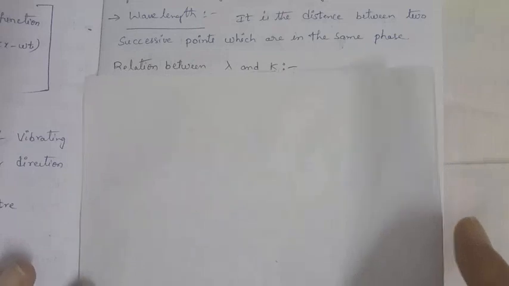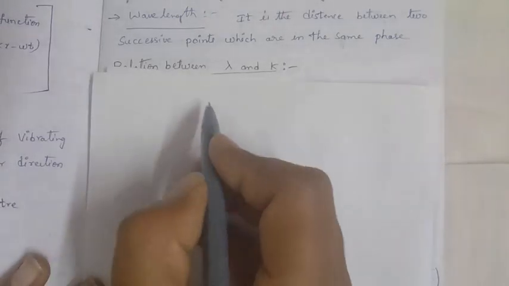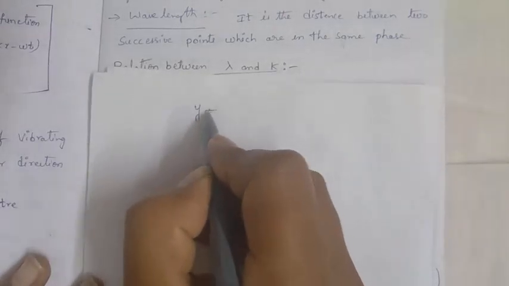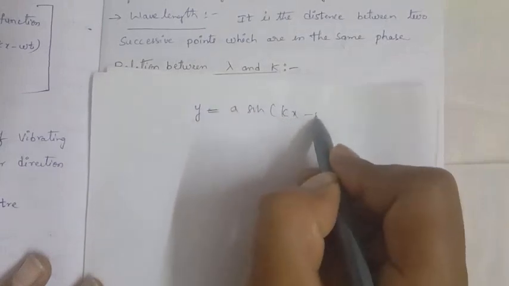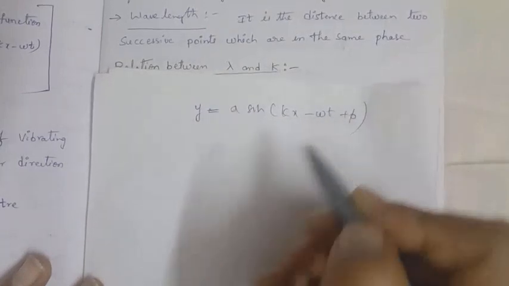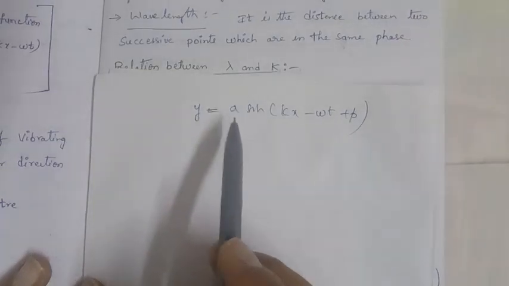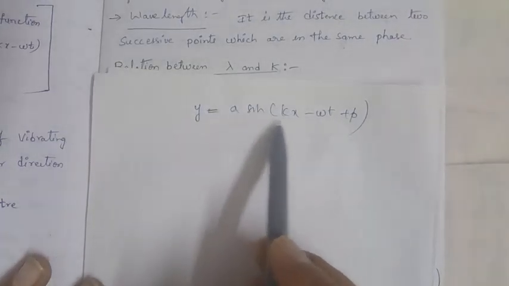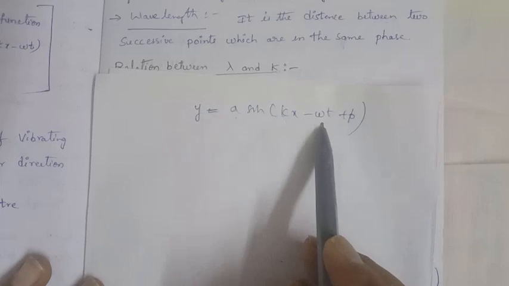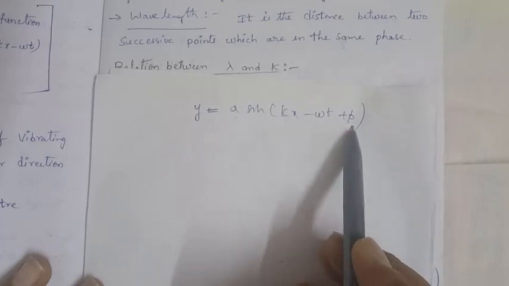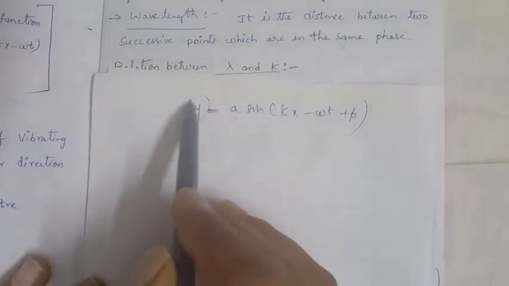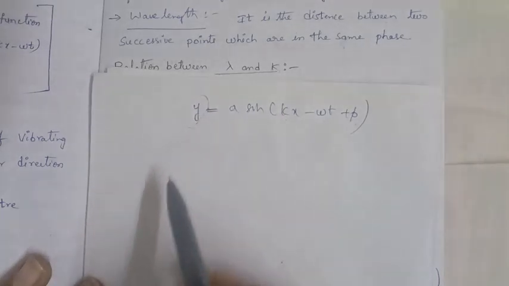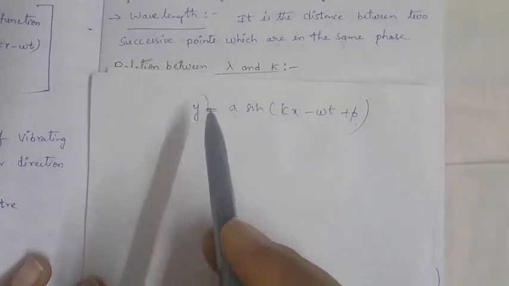Up to now what we have discussed, once again I will explain. y is equal to A sin(kx minus omega t plus phi). In this, what are the terms? A means amplitude, k means wave number, omega means angular frequency, phi means initial phase, and y is the displacement of the vibrating particles.